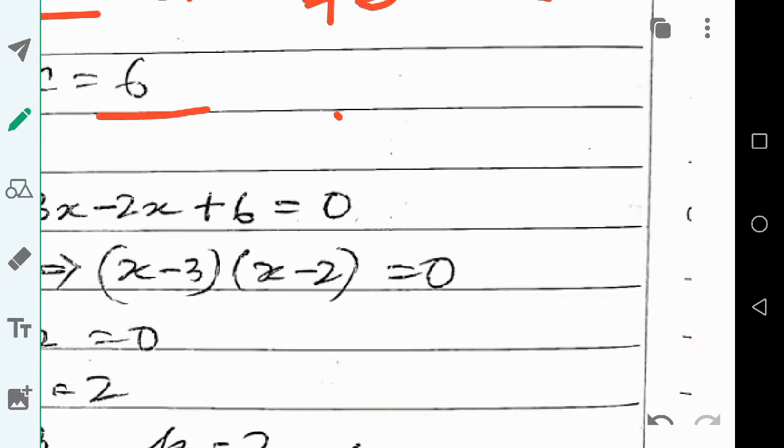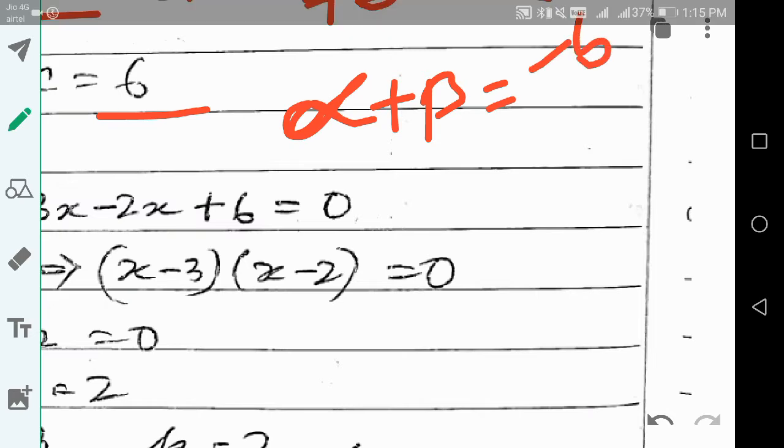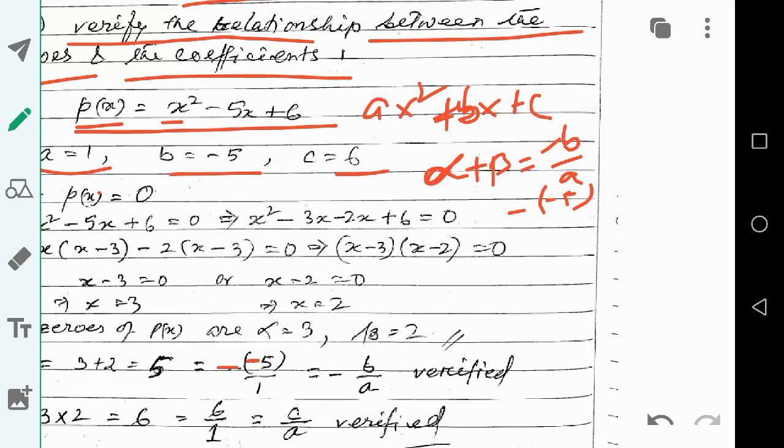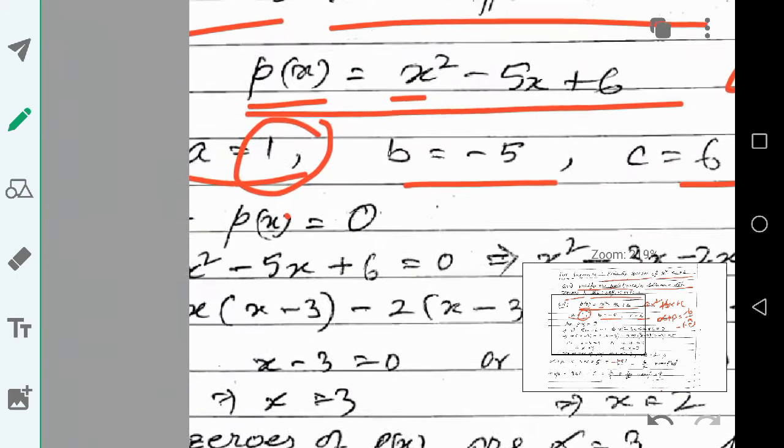We are supposed to show that alpha plus beta is minus b by a. b is −5, and a is 1.